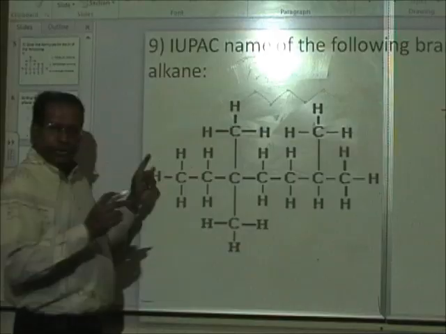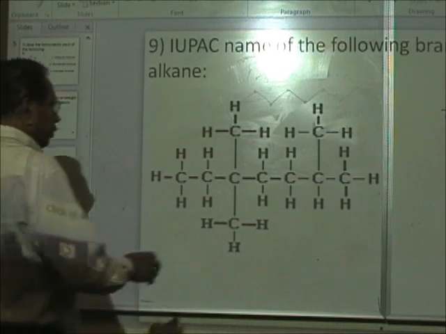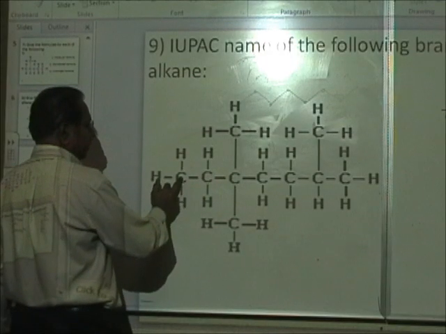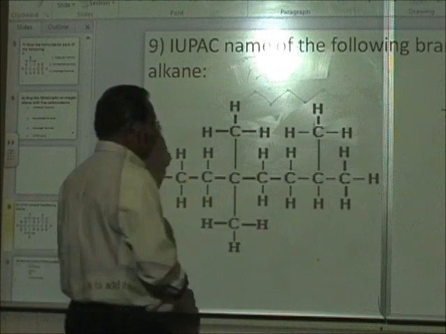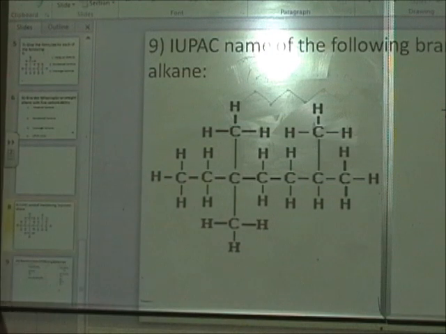Now we have to number the chain. There are a few rules when you number that 7 here. We could have done it this way, 1, 2, 3, 4, 5, 6, 7, or the other way, 1, 2, 3, 4, 5, 6, 7. Which one will you pick?